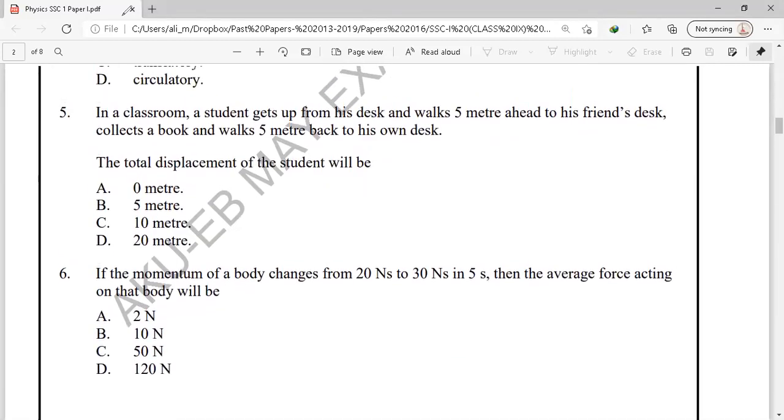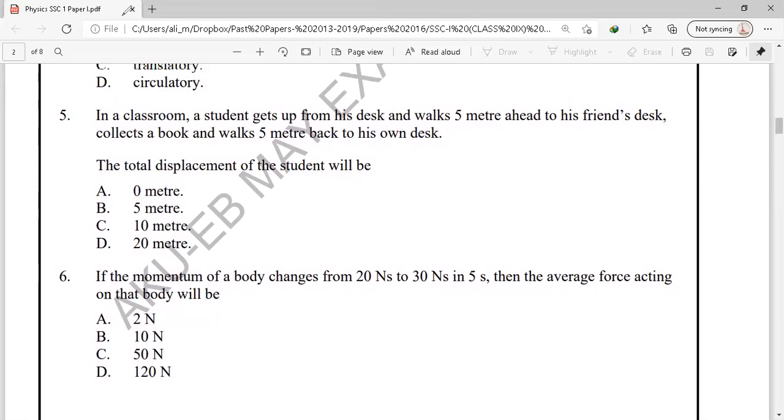So, next we have our question number 5 and 6. In question number 5, this question belongs to chapter number 2, kinematics. In a classroom, a student gets up from his desk, walks 4 meters ahead to his friend's desk, collects a book and walks 5 meters back to his own desk.